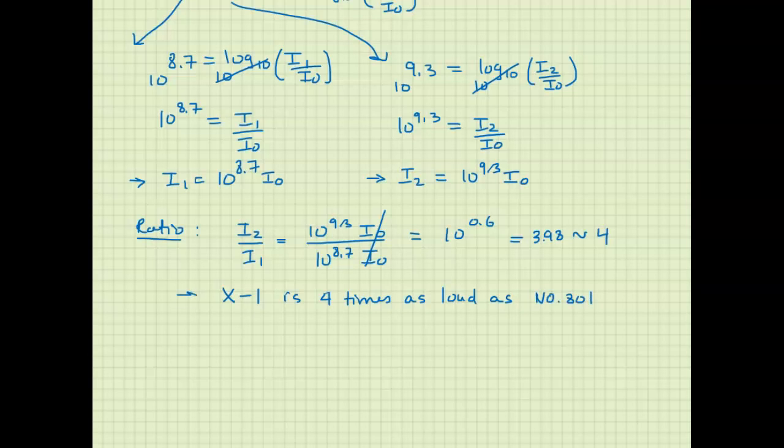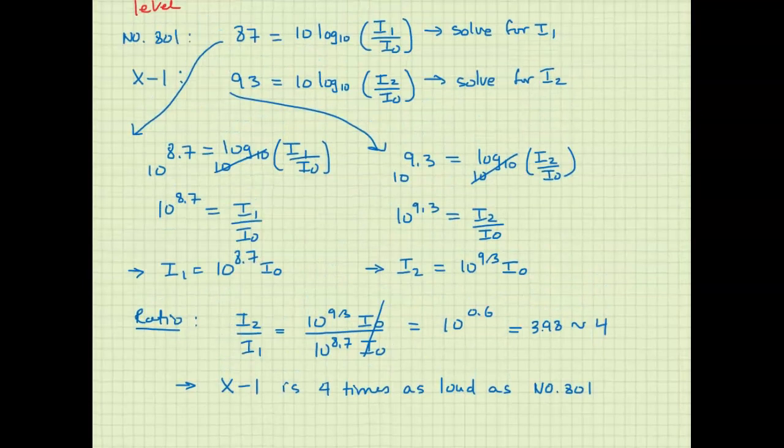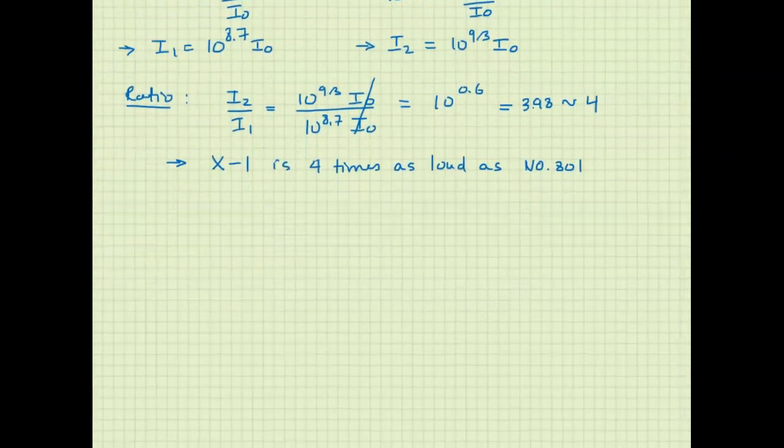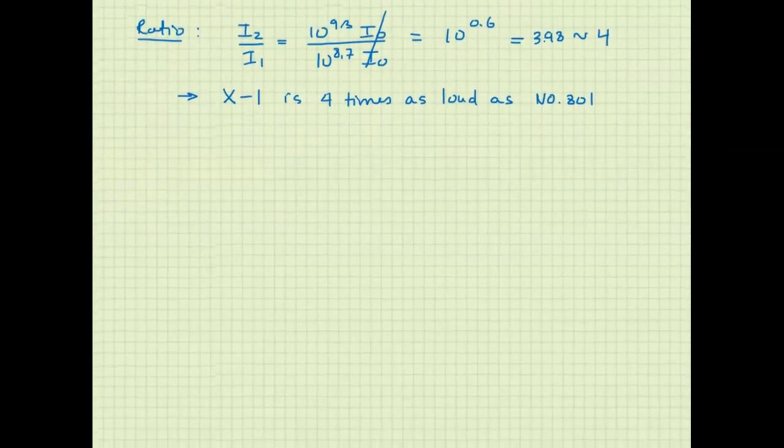Okay, so in terms of decibel levels, there's only, from 87 to 93 decibels, that's like 6 decibels difference. But in terms of the sound pressure that's put on your eardrums, the X1 is 4 times as loud as the other speaker. That's pretty cool.